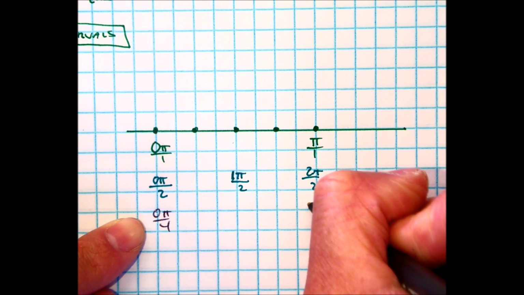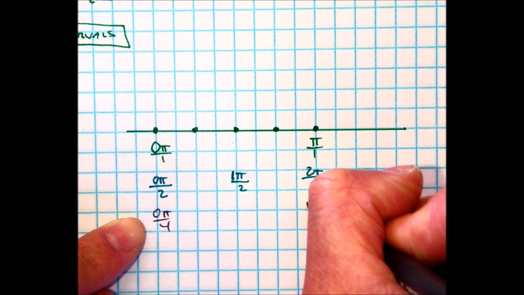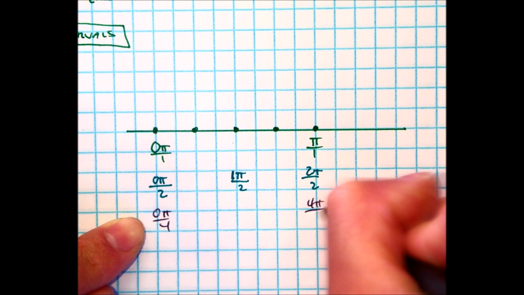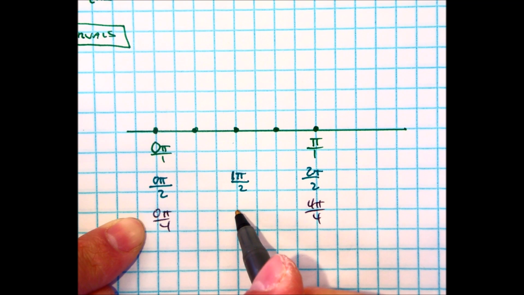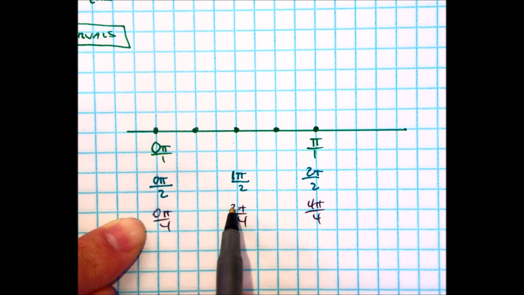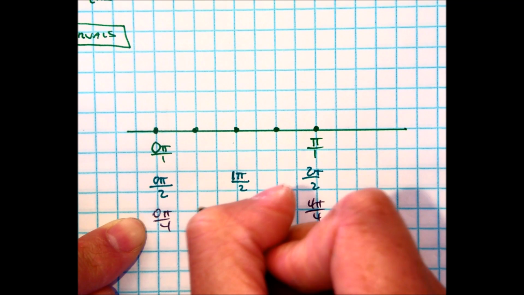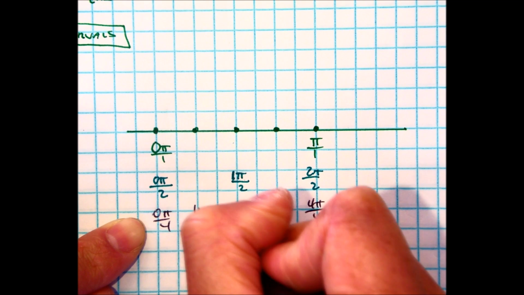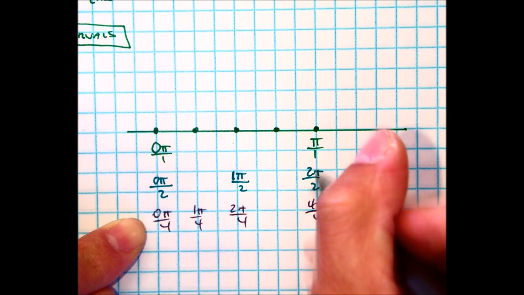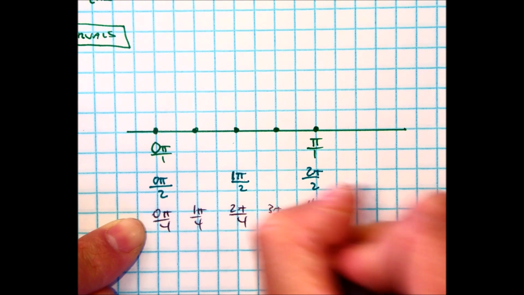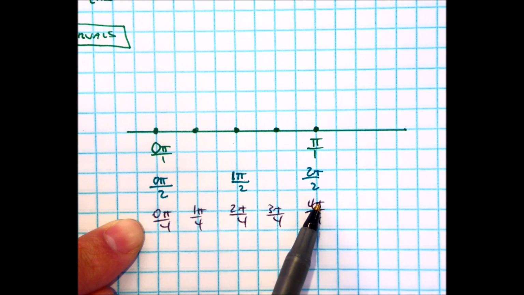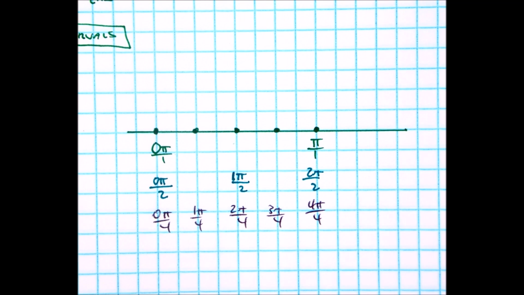And this one will be 4 pi over 4. And then this one will be what? So 0 plus 2 divided by 2 is 1 pi over 4. 2 plus 4 divided by 2 is 3 pi over 4. And you can see that we're just kind of counting by ones now. Do you see that? Yeah.